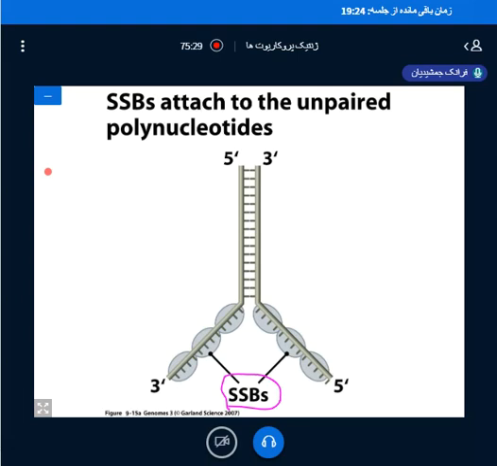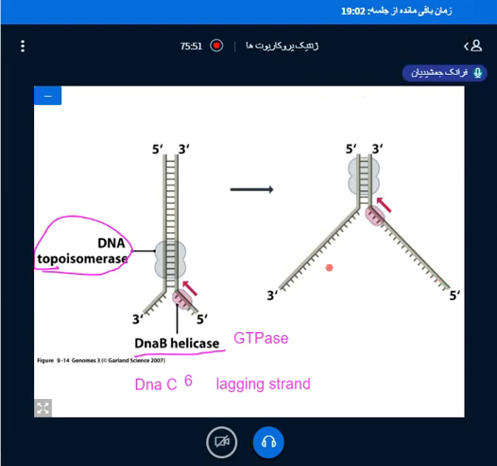SSBP is single strand binding protein. Understand? So after the helicase opens the two strands of DNA, if we let it like this, they want to form double strand DNA again.